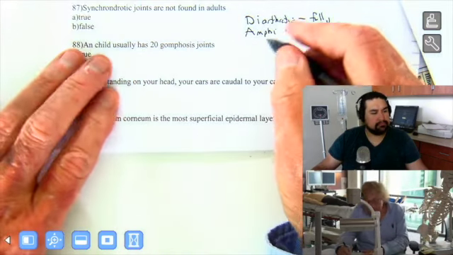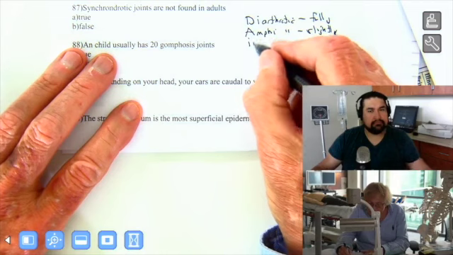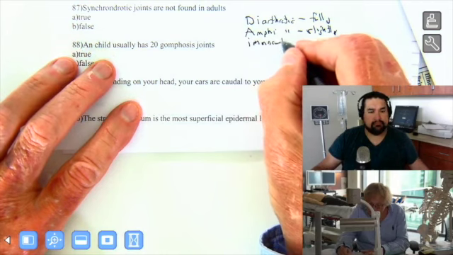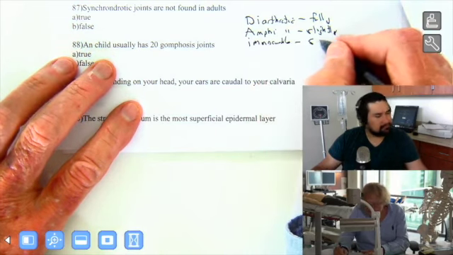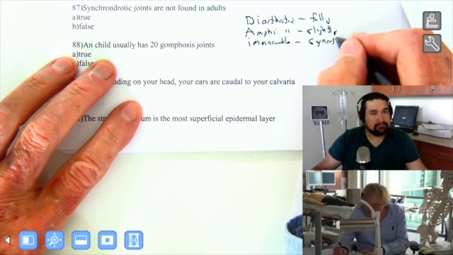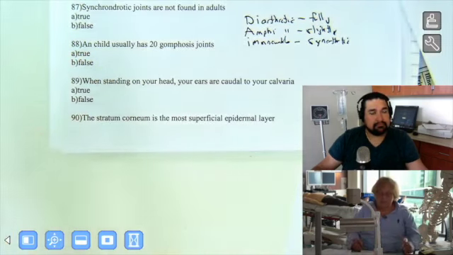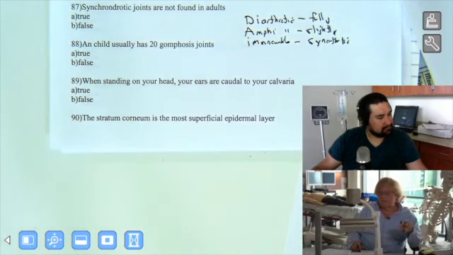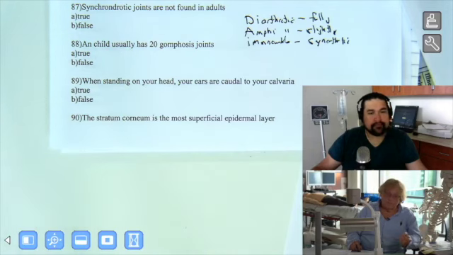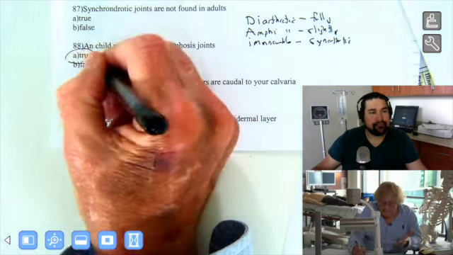Then I've got immovable, which is synarthrotic, like a suture. And then there's this specialized type of joint between the tooth socket, or alveolus, and the tooth itself by means of the periodontal ligament. Since a child has 20 teeth, and they're called gomphosis joints, that's a true statement.